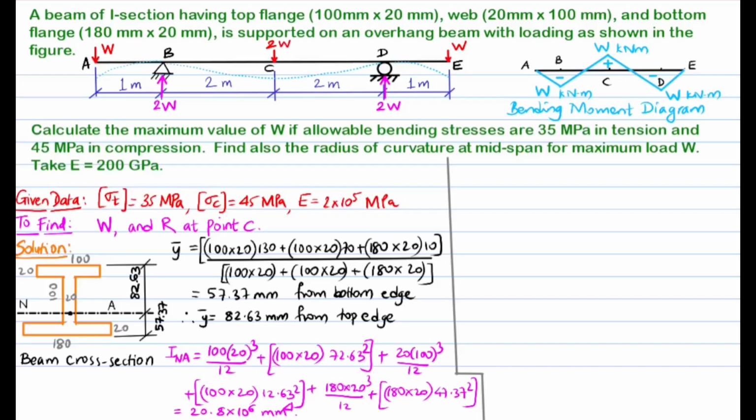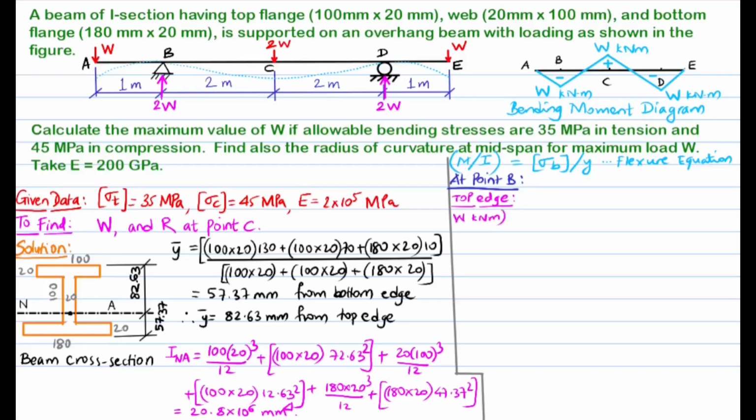In general, we have M over I is equal to sigma B over Y as part of the flexure formula. Now, starting with point B, the top layers experience tension while the bottom layers experience compression. We will disregard the negative sign of the maximum bending moment for our calculations, which isn't really necessary as such.